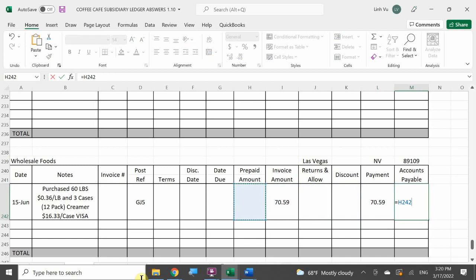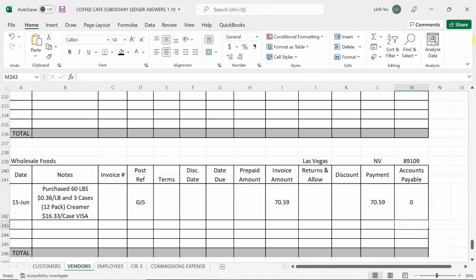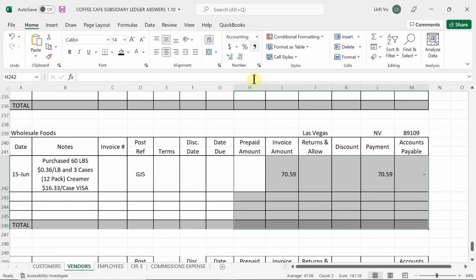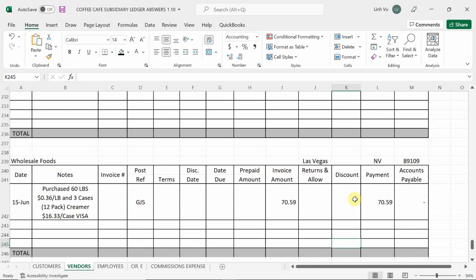So in this case, running my formula down here should give me a total of a 0 balance. So therefore, I paid at time of purchase. I don't owe them anything because I used a credit card and didn't buy it on account. It's actually quite rare to buy food on an account. Okay, so there you go. $70.59.